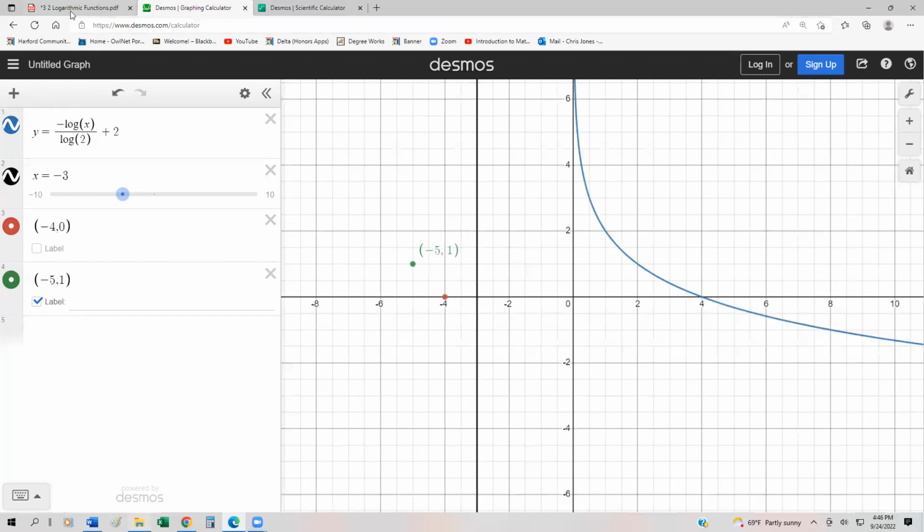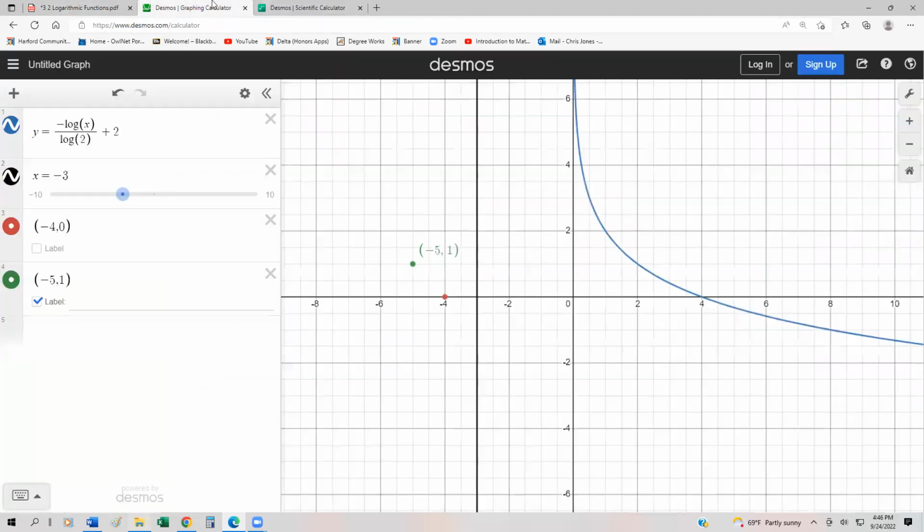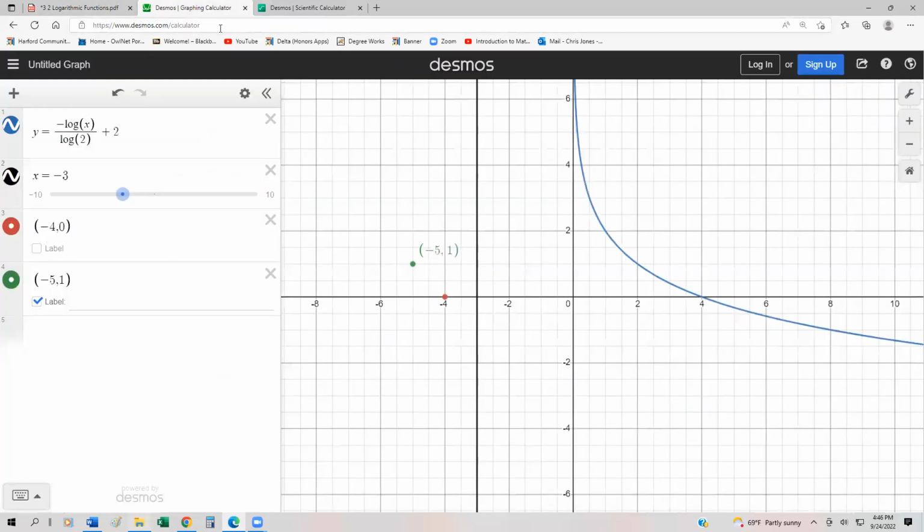It looks like we should have the point (2, 1), and it looks like it's right here. Let's verify that. We should have the point (1, 2), excuse me, which we do. And then we should also have the point (2, 1), which we do. So those are points that exist on the graph.